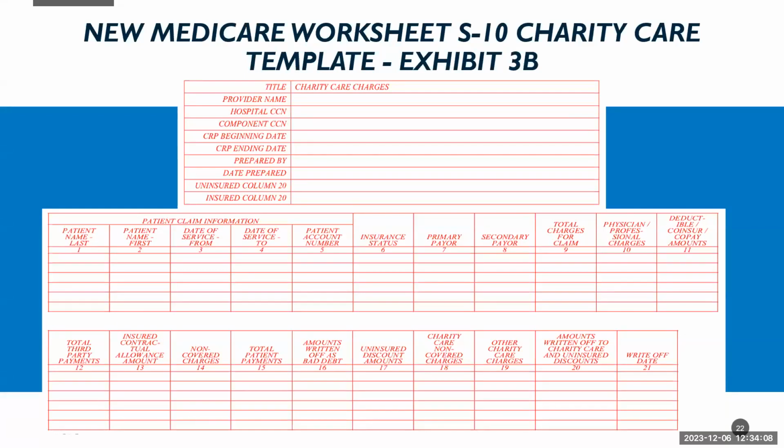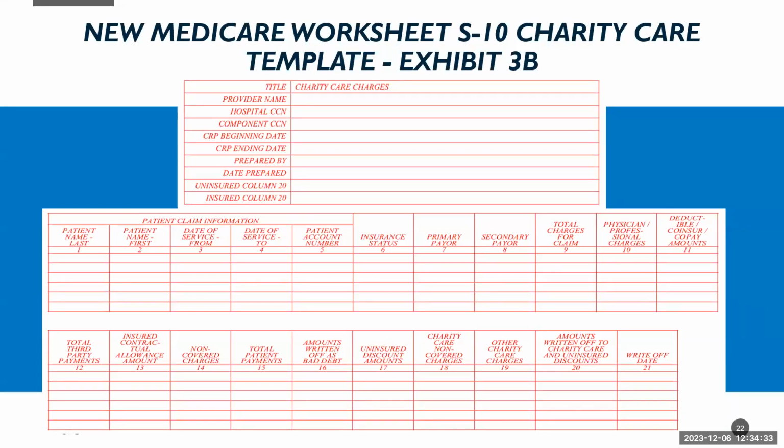All right, so similar to the bad debts, we've got a lot going on here. It's in a similar format to what Becca walked through with the Medicare bad debts. But really where the changes are, for those that have gone through an S-10 audit, the information itself, there have been some additions.